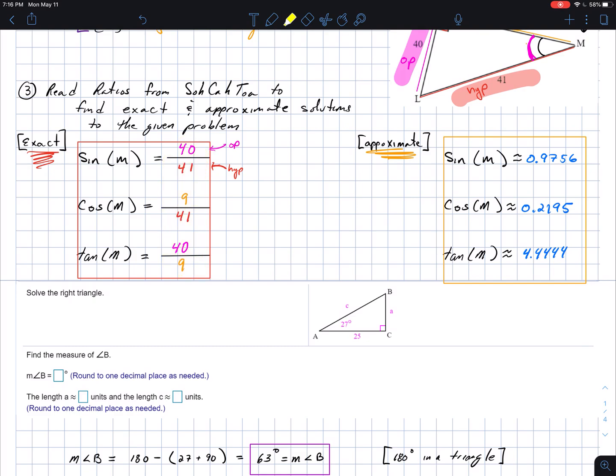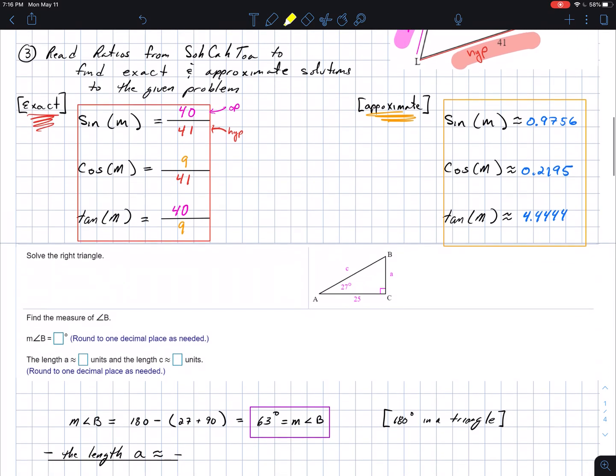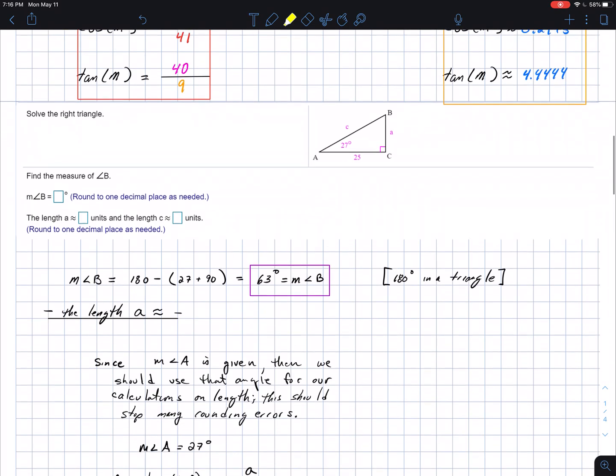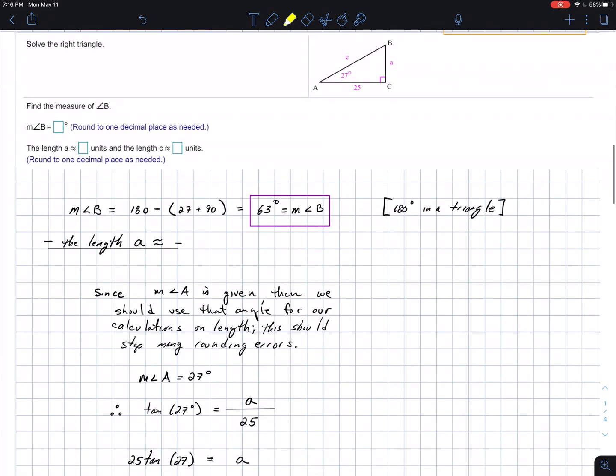Now, let's build in a little bit more. With this next question, you'll notice that it says solve the right triangle. So what do we have to do? We basically have to find the missing sides, right?